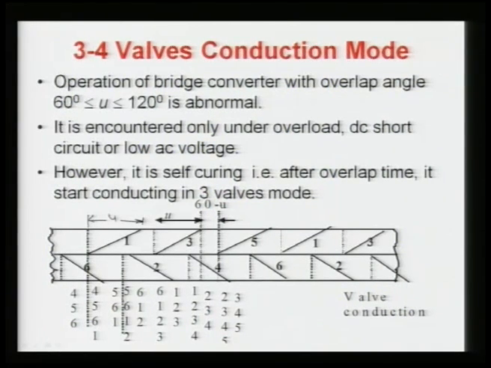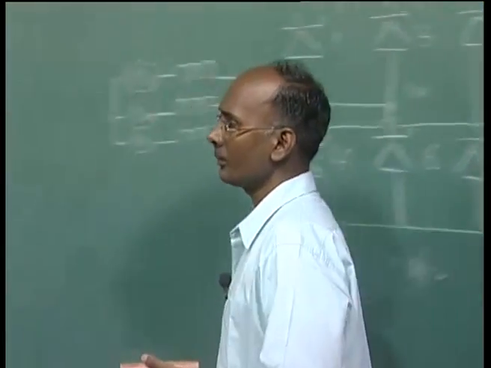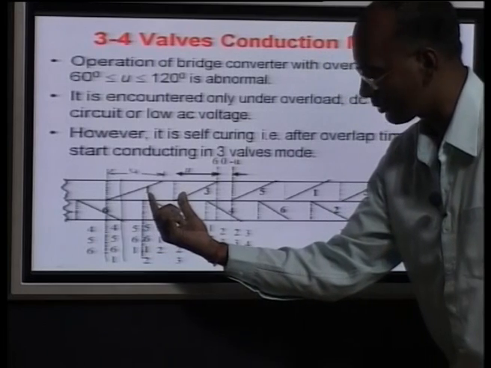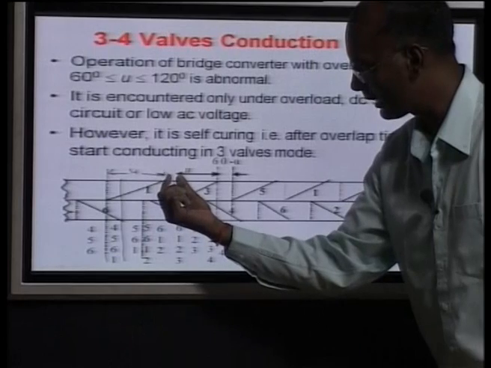So, in between this is 60 degree, and you can find there is a period when the 4 valves are conducting, and this period is nothing but u minus 60 degree, because this is your 60 degree, this one valve here is 120 degree or so. Here this is 60 degree, this is 60, this is 60. So, this is u. So, this period is 120 minus u.